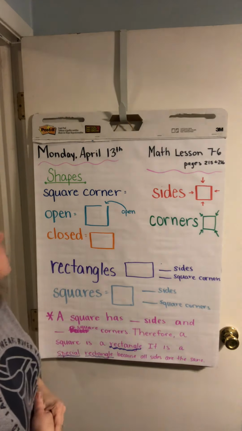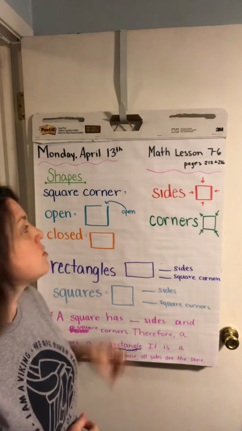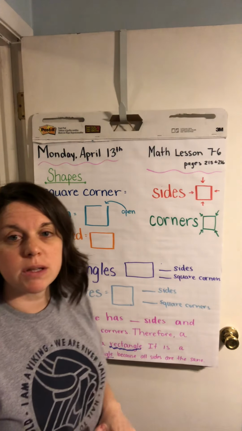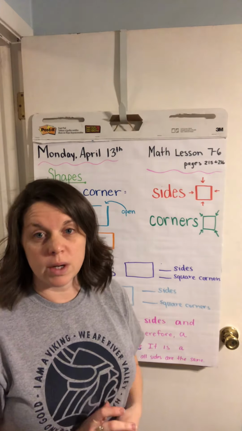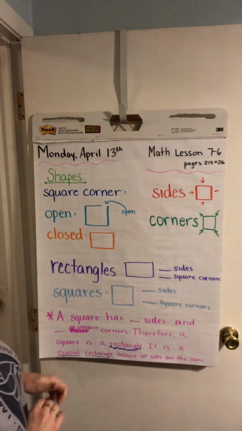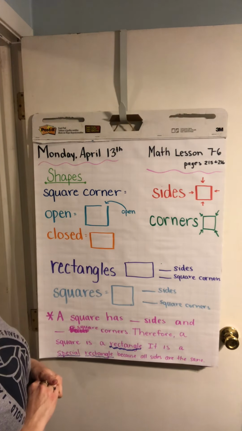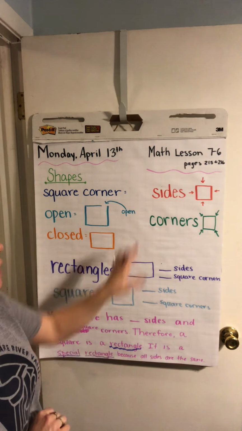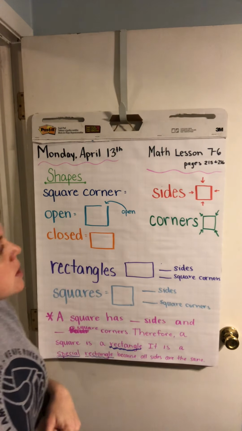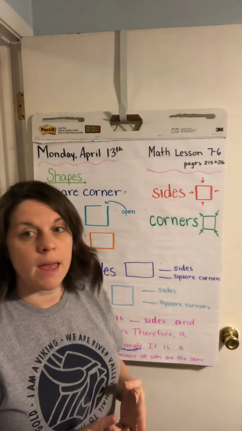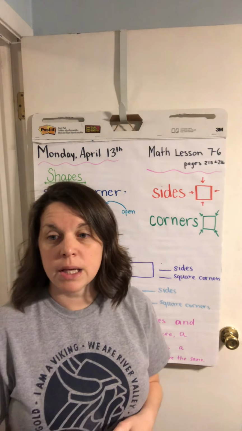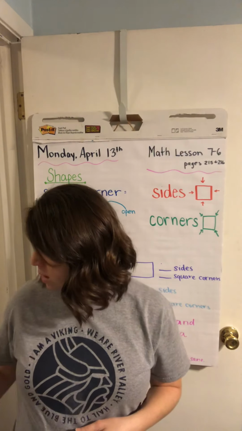Okay, so today we're starting to talk about shapes, and today we're going to talk about squares and rectangles, and we're going to learn a few other words, okay? So I'm actually going to jump over here first. So when we talk about our shapes, we learned square and rectangle in kindergarten.